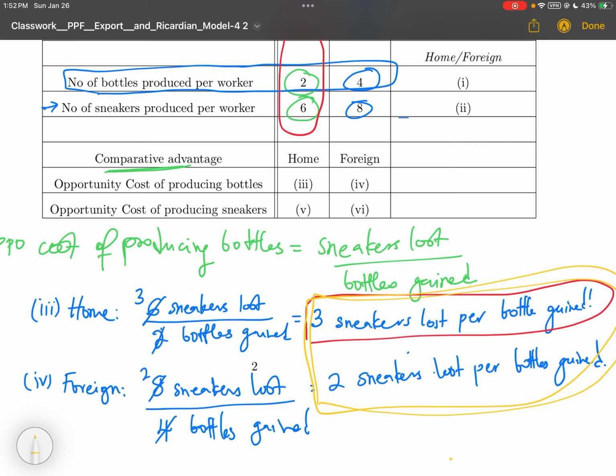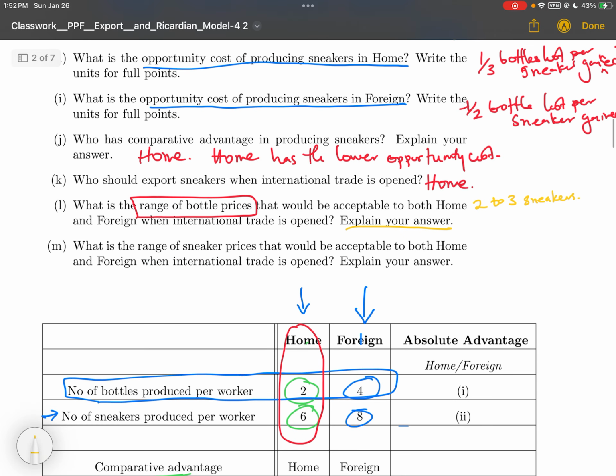Home can make it for only 3, so why pay 6? So the bottle prices will be between the opportunity cost of producing bottles for the 2 countries. Now you can pause the video and listen to what I said and write your answer down, right?